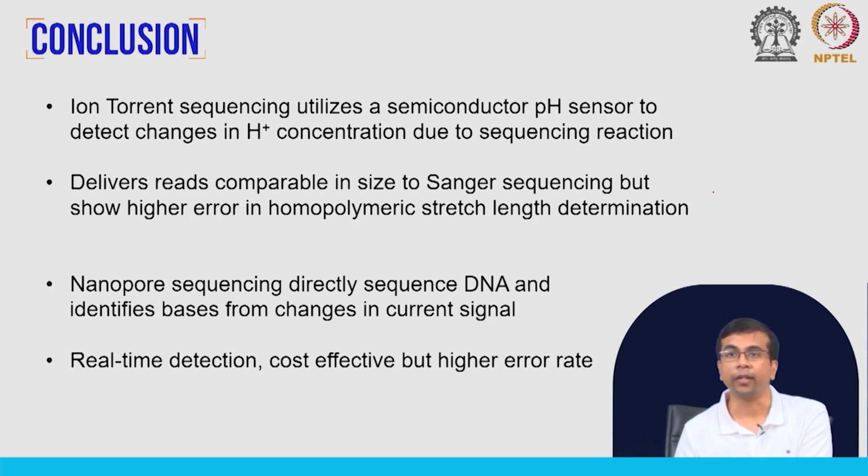It is also very cost effective because we do not have any polymerase or dNTP involved. But we have seen a higher error rate, and this is being addressed now by the addition of more detectors, and also by doing something like 2D, or consistent sequencing, which will help in better accuracy.